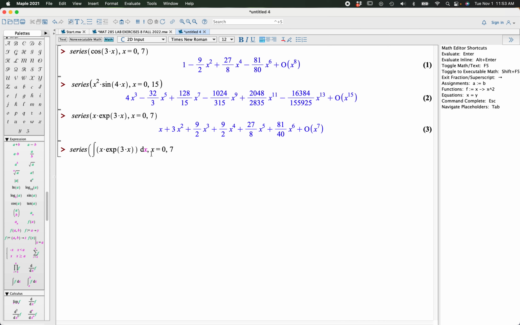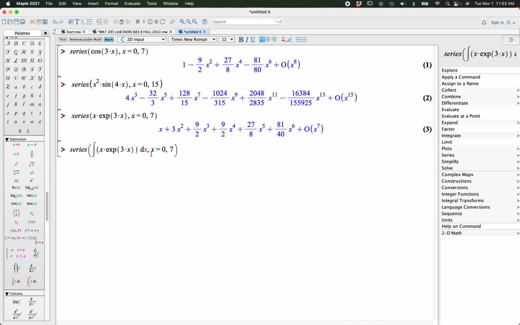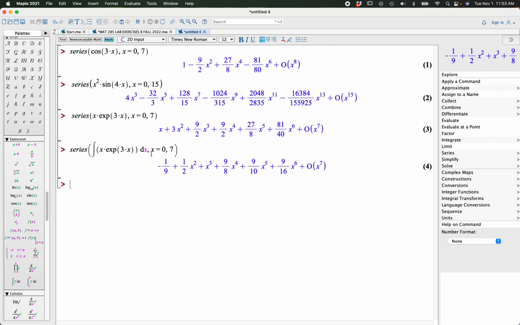You might have an added character in comparison to what was done by hand. In this case we do have -1/9, but if you took the antiderivative of what we have for x times e to the 3x, we have x, then 1/2 x squared, the antiderivative of 3x squared is x cubed, and so on. That -1/9 is like part of the constant that would be in the package for the integration.